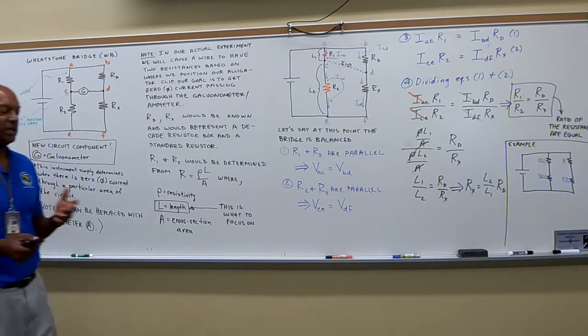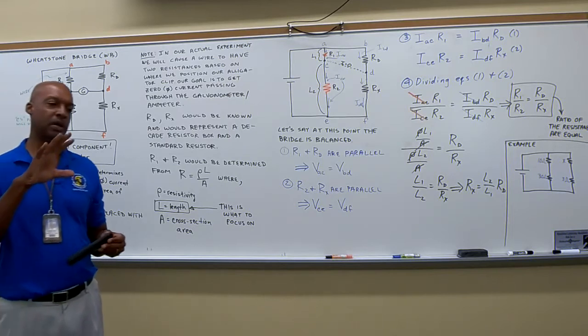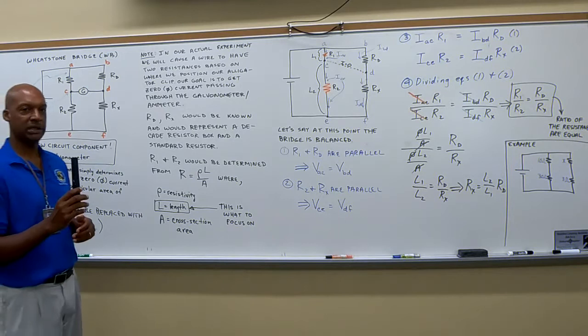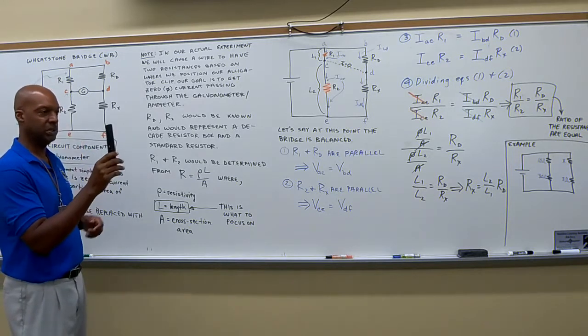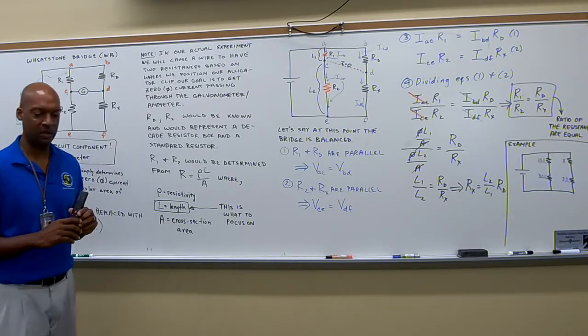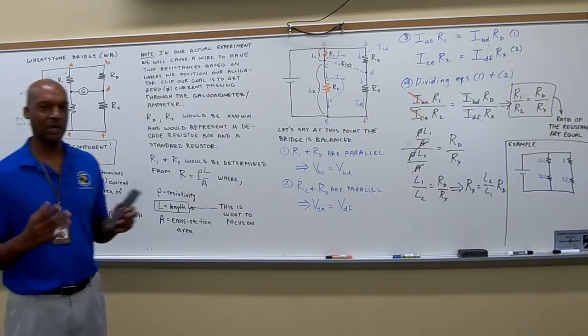A galvanometer is nothing more than an instrument to let us know when there's no current. In other words, when you look at the galvanometer, you'll see a little needle that'll toggle between 0 to one side or the other side of 0. And essentially, it's synonymous to our lab balances.